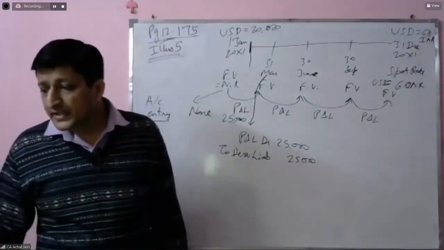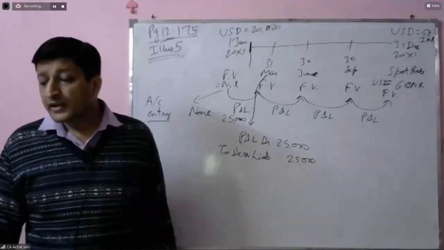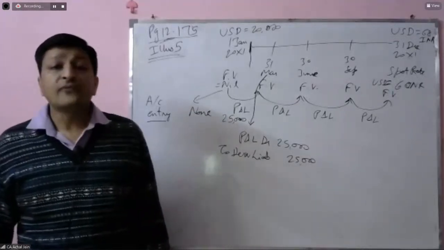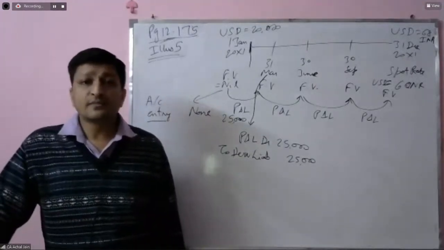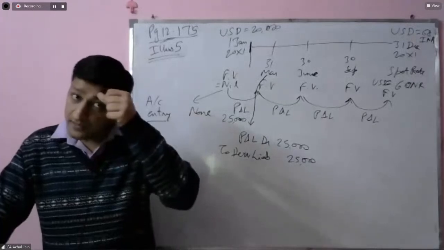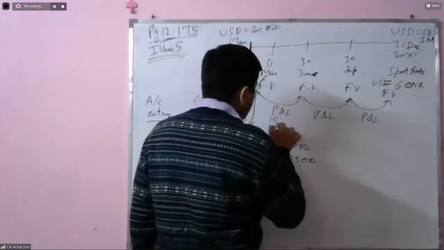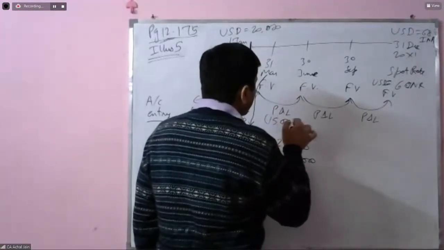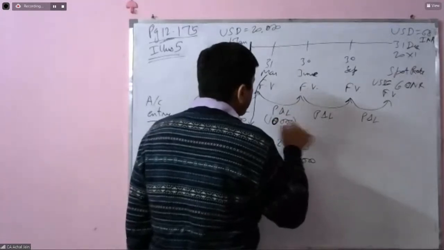Now on the next date, that means 30th June, its fair valuation has become 15,000. So what's the change? The change is negative, sorry, the change is negative 10,000.